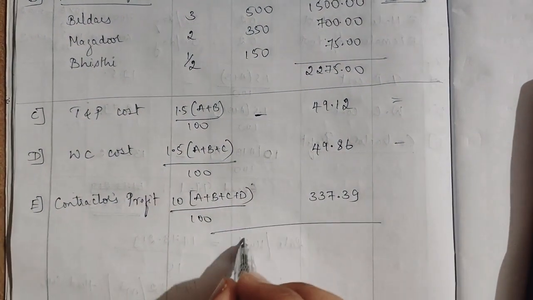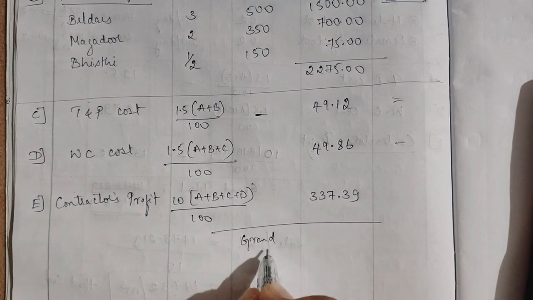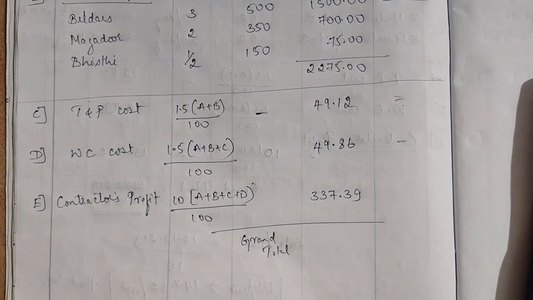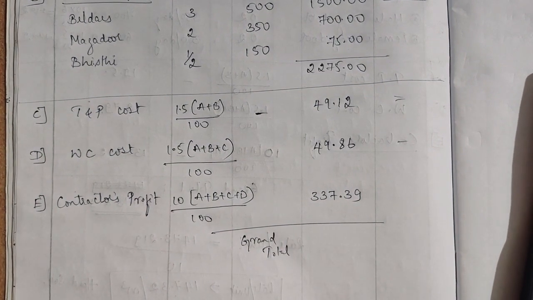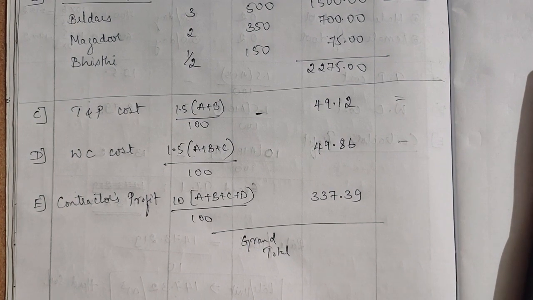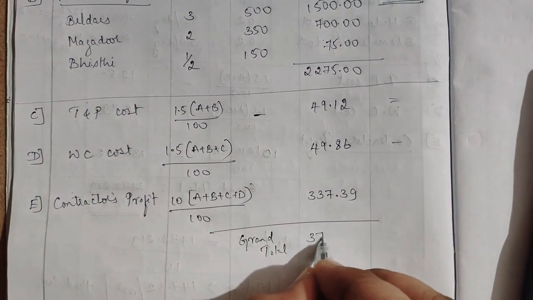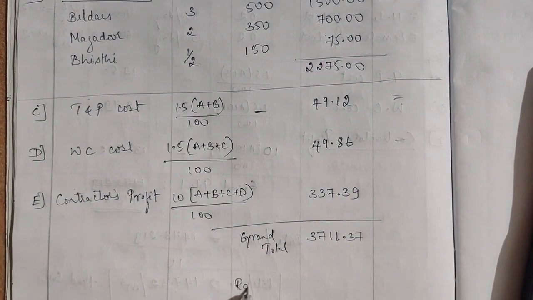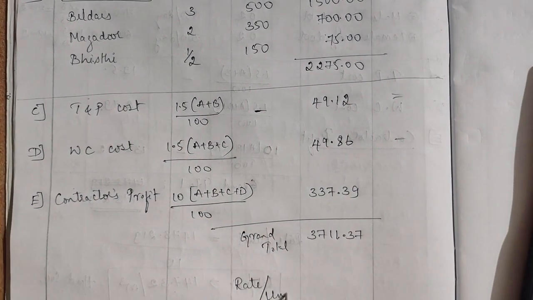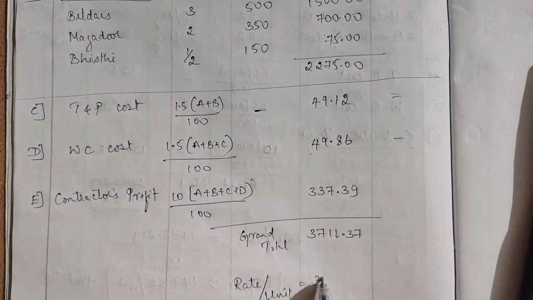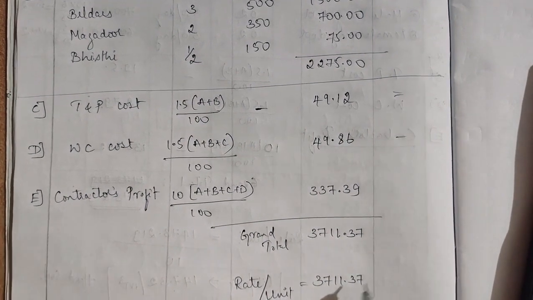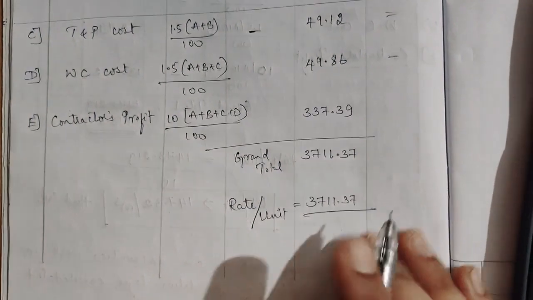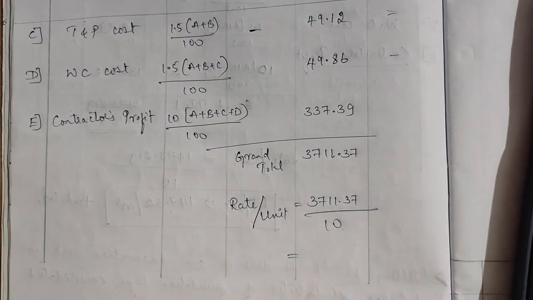Now make the grand total. So grand total will be 3711.37. So the rate per unit is equal to 3711.37 divided by the assumed work 10.